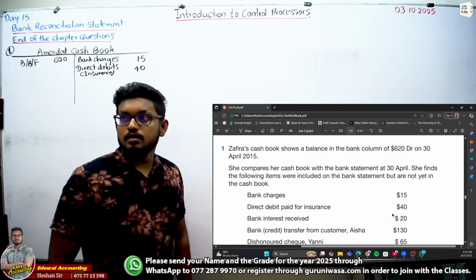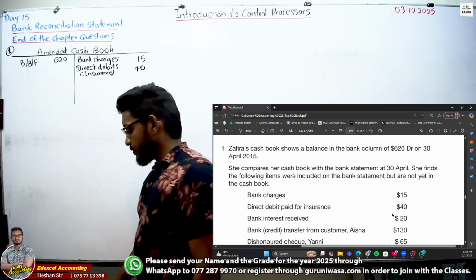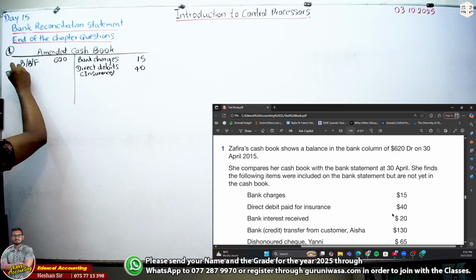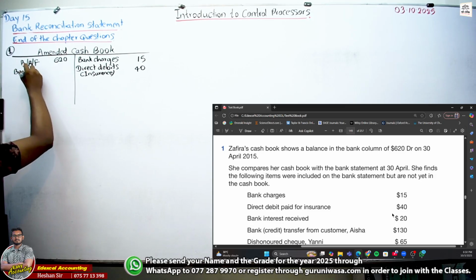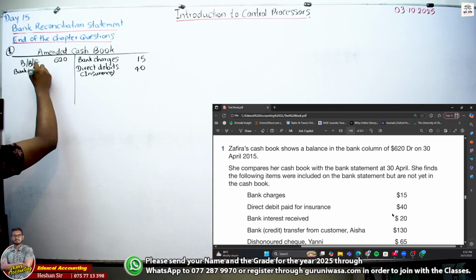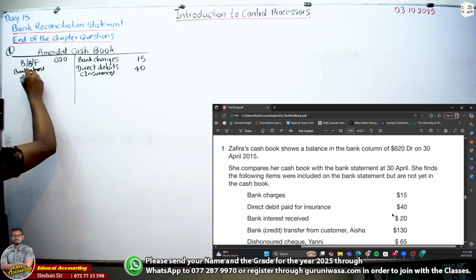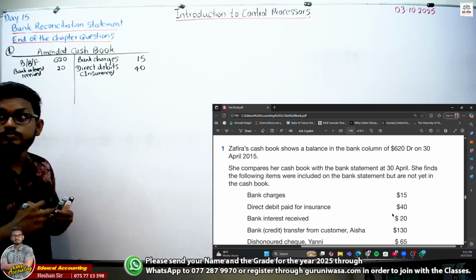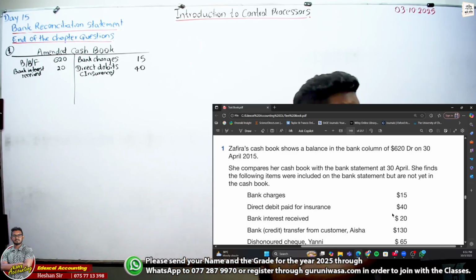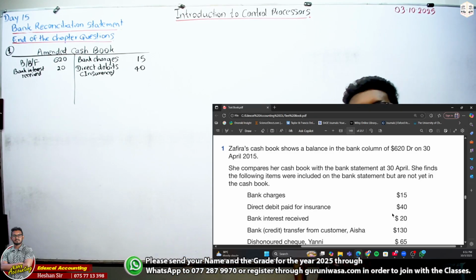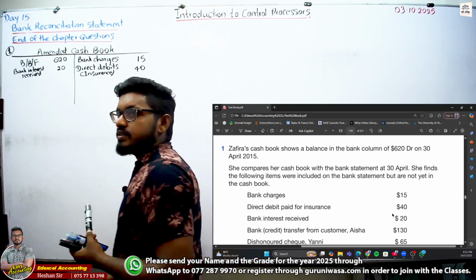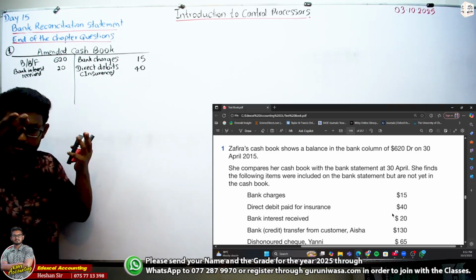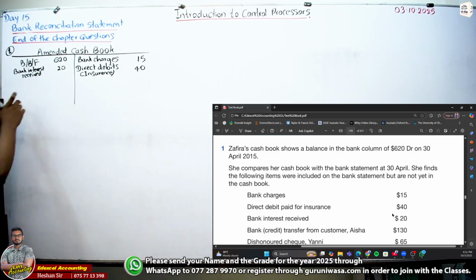Next one. Bank interest received, 20. Next one. Bank credit transfer from customer, which means it is credited in the bank statement, which means the bank balance increases. If the bank balance increases, we debit it.